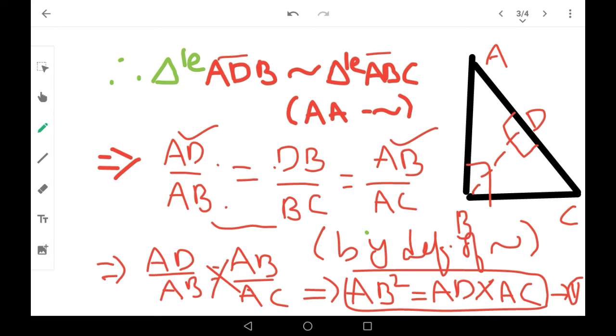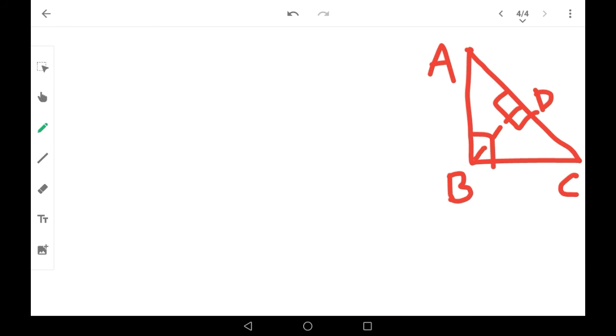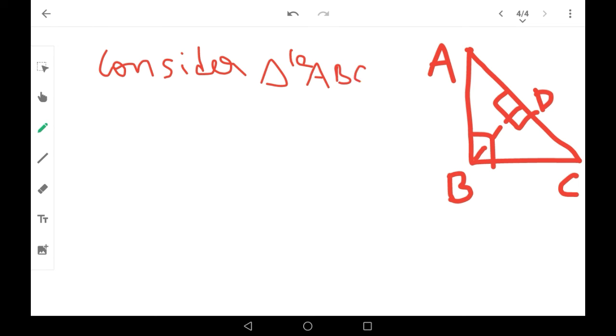Okay, my dear children, now let's go for the remaining proof. Now I'll take the full triangle and the other part of the right angle triangle. So now I'm going to consider triangle ABC. When I take the full triangle, I'll take B in the center. Triangle ABC and the other part of the triangle, BDC. Now I'll try to prove the similarity for this.